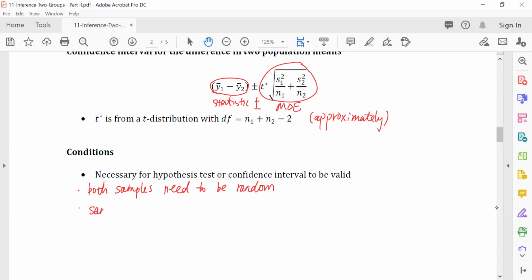Second, the samples must be independent of each other.